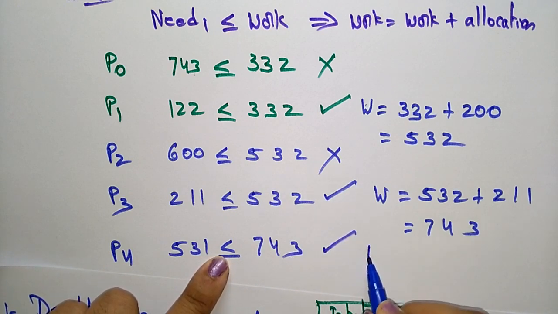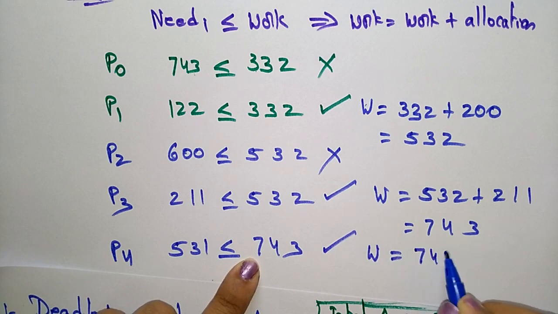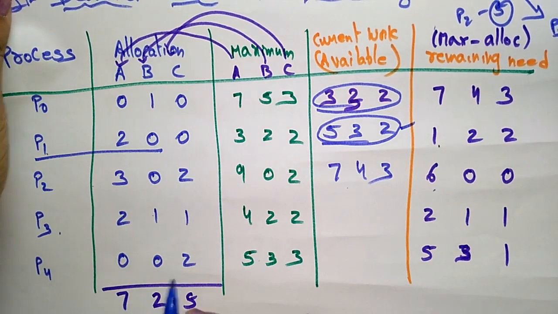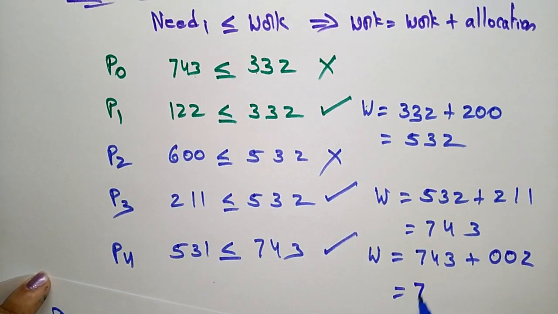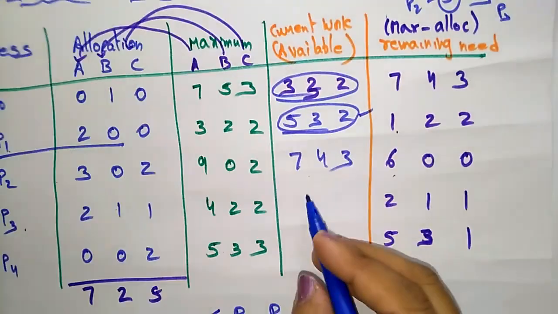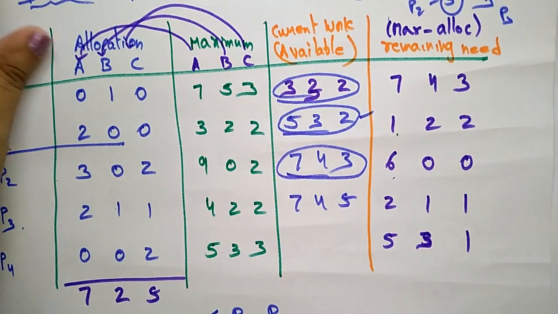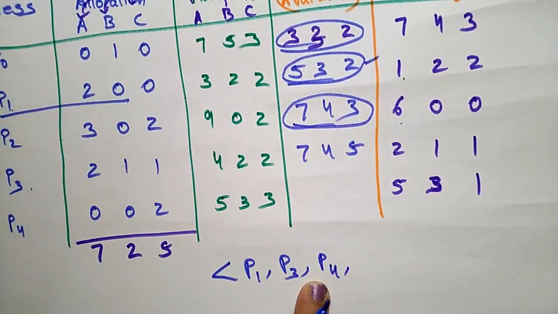So I have to calculate work, where the current work is 743 and the P4 allocation is 002. Just add 002, so you get 745. Now update the current work with 745. So P4 is also entered into the sequence because it is in a safe state.